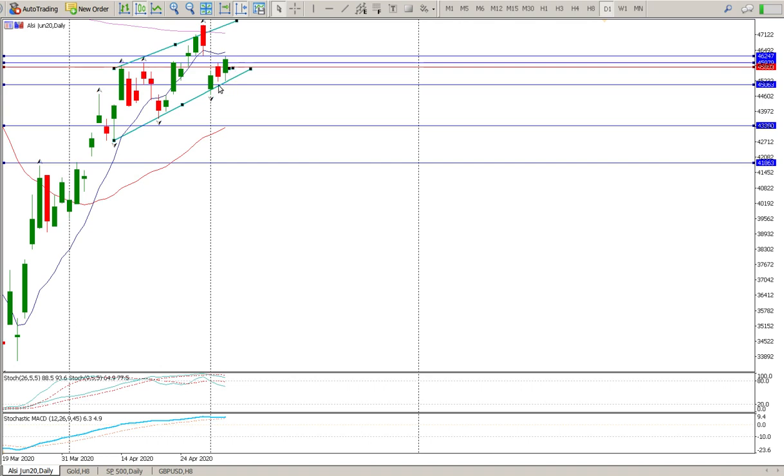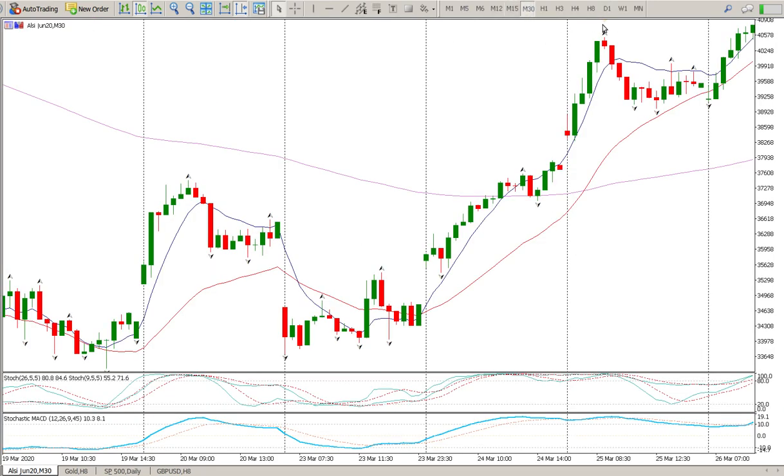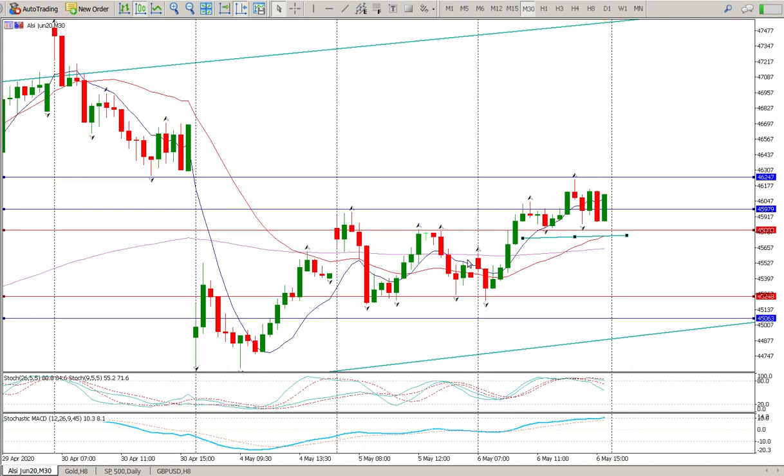The next level to see is to get some new lows, and we've got to put that in there. You can see those two lows of the day. So if we come back to 30 minutes here and just have a look at that, you'll see that was a low of, when was that, Wednesday? No, Tuesday. This was a low of Wednesday.